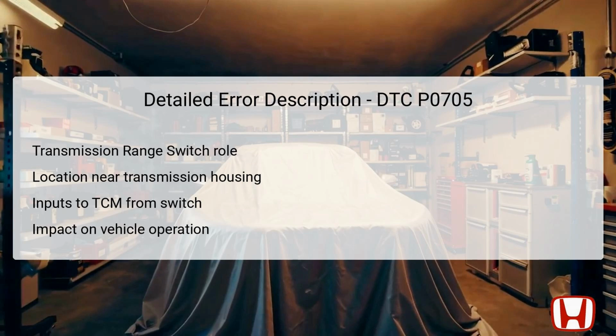This disruption in signal leads the vehicle to experience multiple inputs where only one is expected, causing potential issues in gear shifting and overall transmission performance. Accurate diagnosis is essential to pinpoint the specific area of failure, ensuring a targeted repair approach.